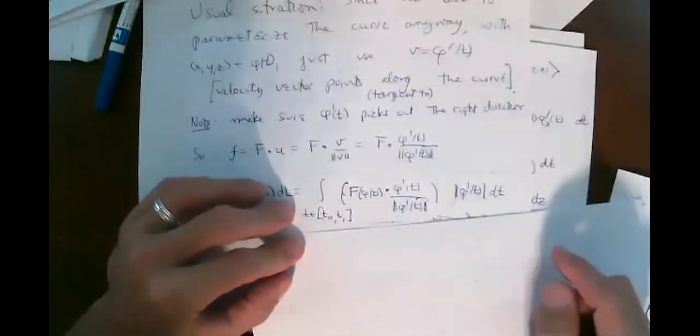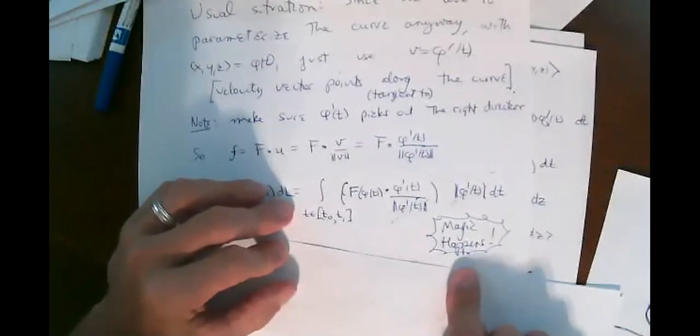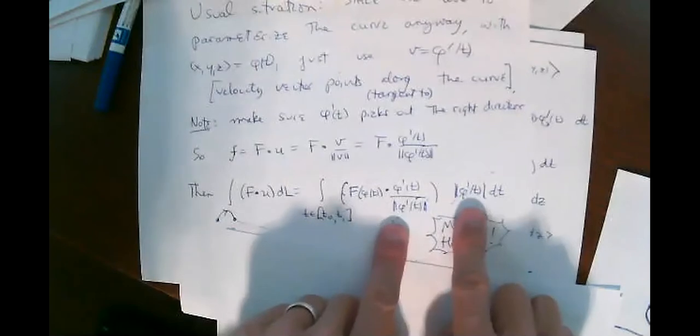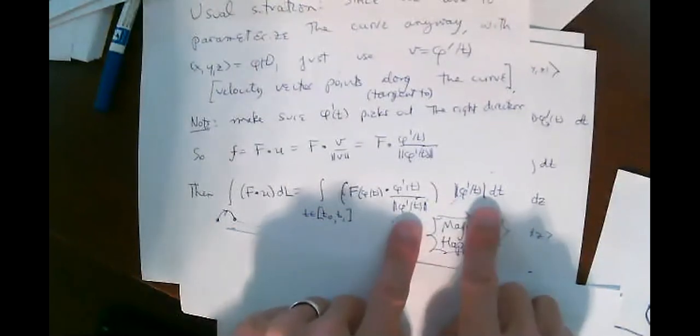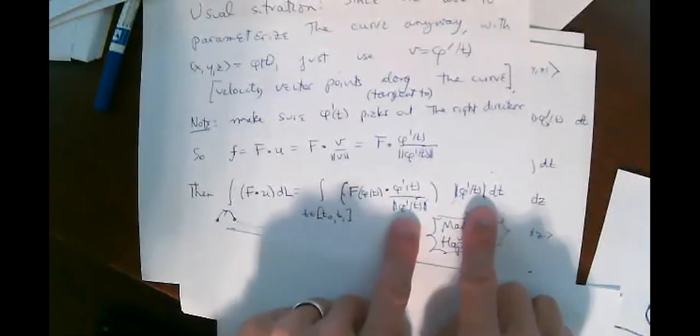And I got to admit, it looks terrible. But good things are in store, because part of what makes this terrible looking is that you have the magnitude of these derivative vectors floating around. And you know, that's going to be some square roots of squares, and it's just really annoying in general.